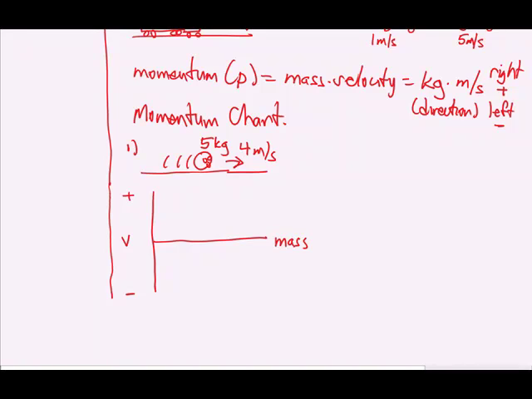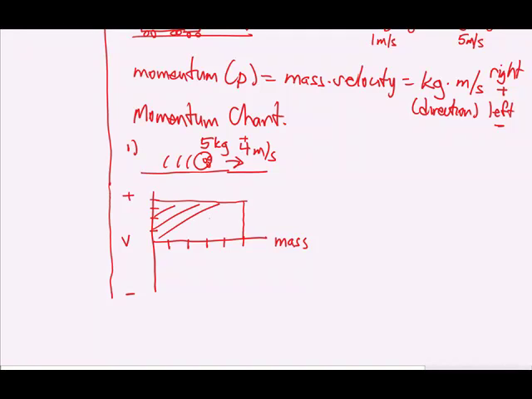Okay, so I have 5 kilograms, so I'll indicate that as starting here. 1, 2, 3, 4, 5 kilograms, and my velocity 4 meters per second, and that's to the right, so that's going to be considered a positive quantity. 1, 2, 3, 4. I can turn this into a rectangle.